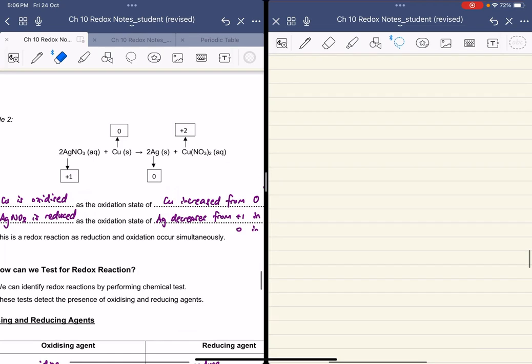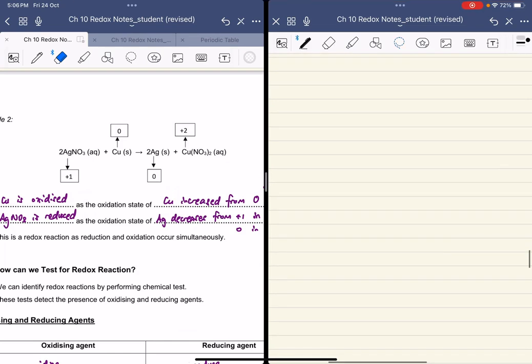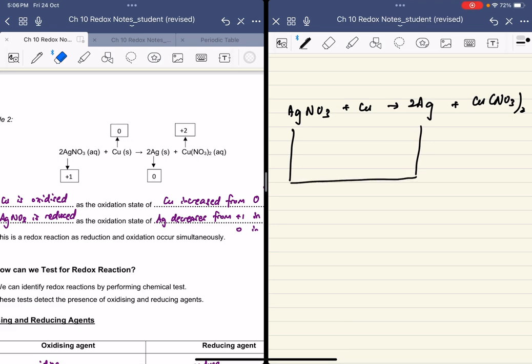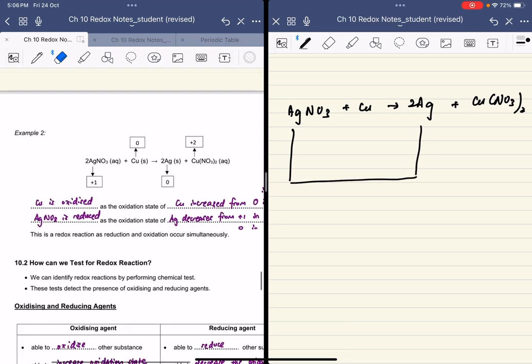Now we have silver nitrate plus copper, giving 2 silver plus copper nitrate. Silver ion to silver, this one is a reduction. Then this one itself is an oxidizing agent. That means it oxidizes the other party.